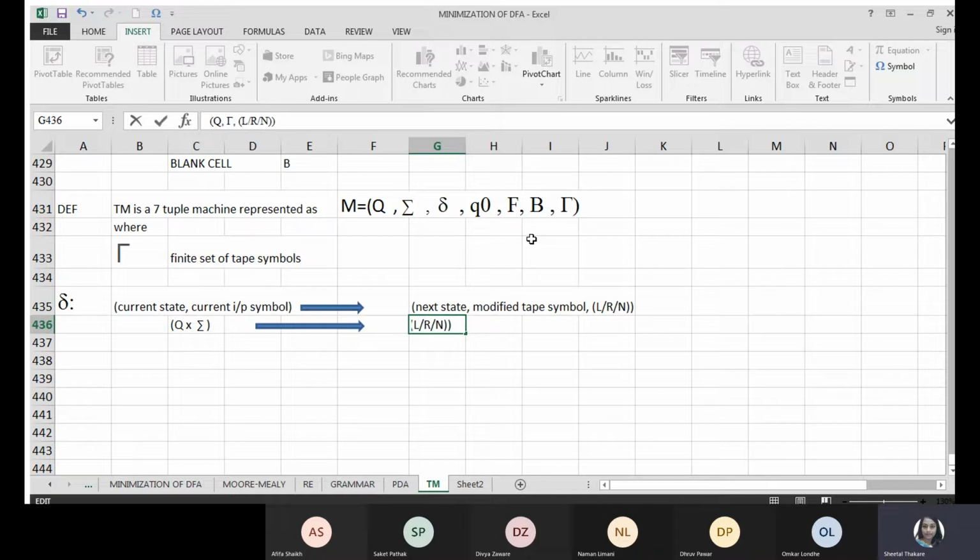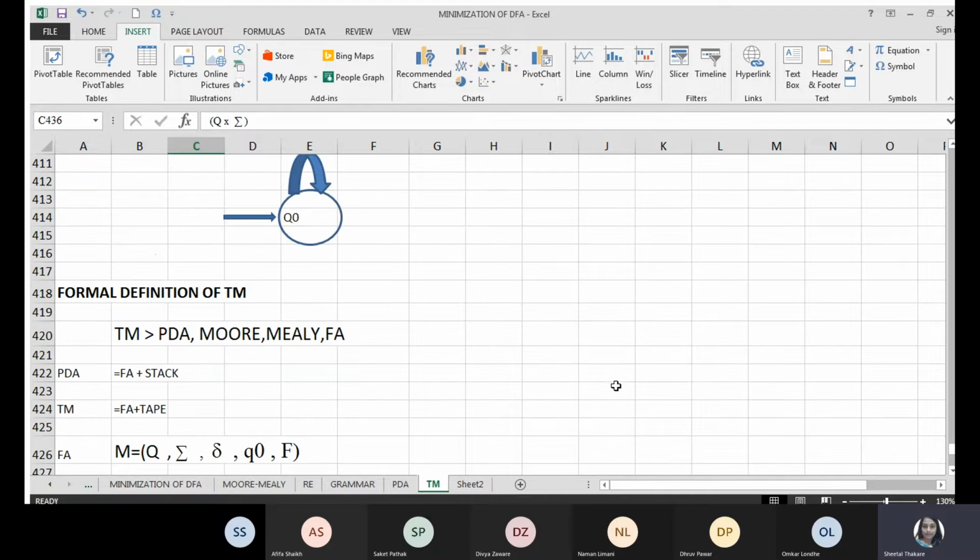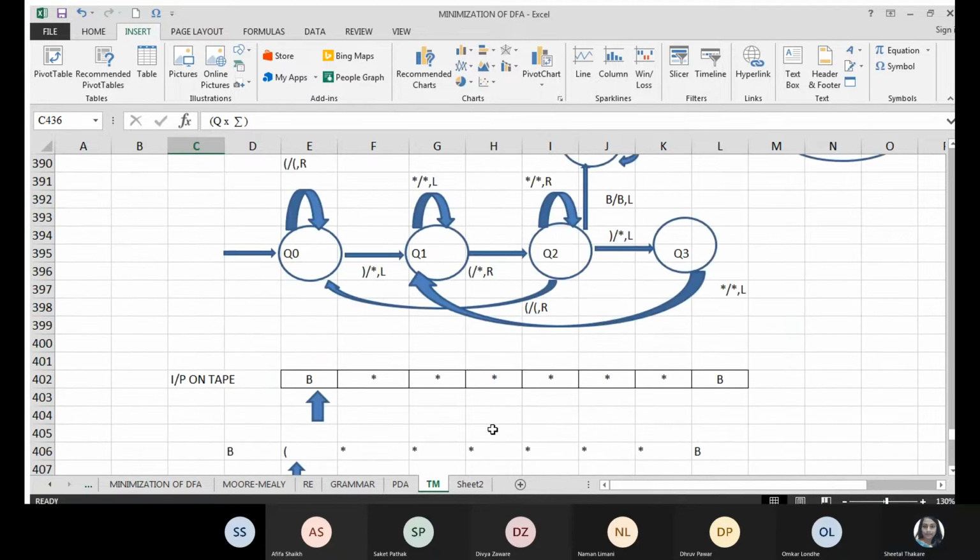Now again, if you think upon this, when you write this as sigma, is it only sigma you are using for defining the transition? No, sometimes the tape symbols are also acting as the current symbol to be processed.